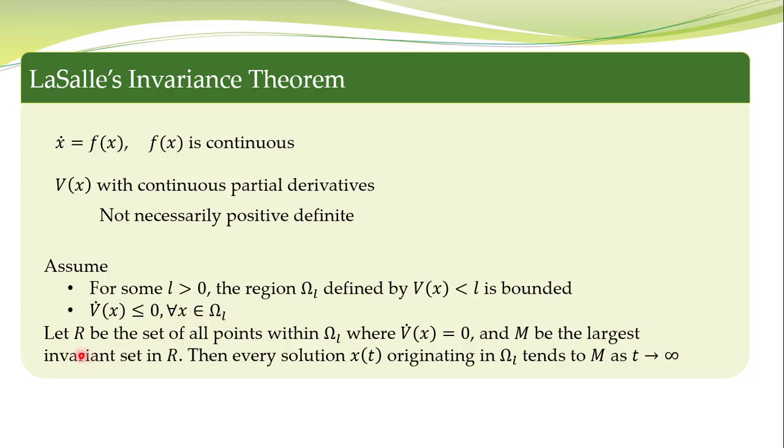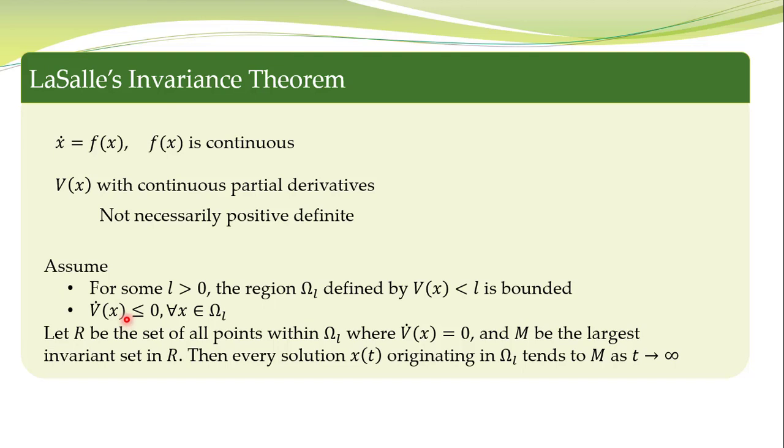In addition to that, let R be the set of all points within omega L where v dot is equal to 0. We know that v dot is less than or equal to 0. For certain points in state space it will be less than 0, and for certain points it will be equal to 0.